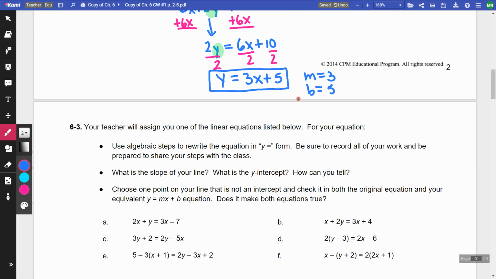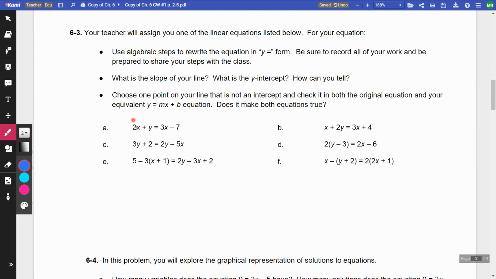Now, the next thing we're going to do is you're going to pick one of these to try. Each row had a different one to do. I'm going to allow you to pick one of these, and I'm going to go through the answers to each of these, but you only had to do one.